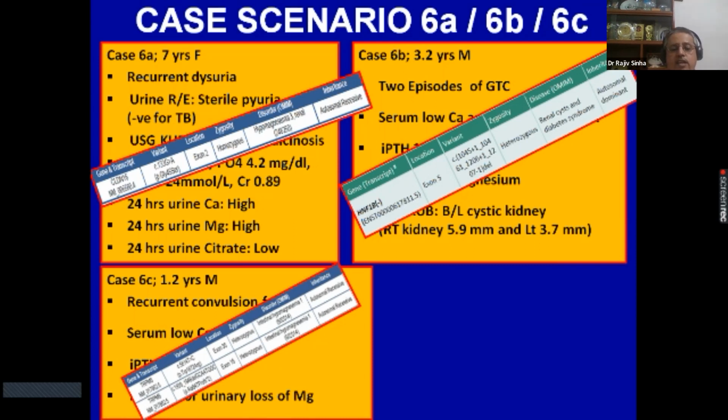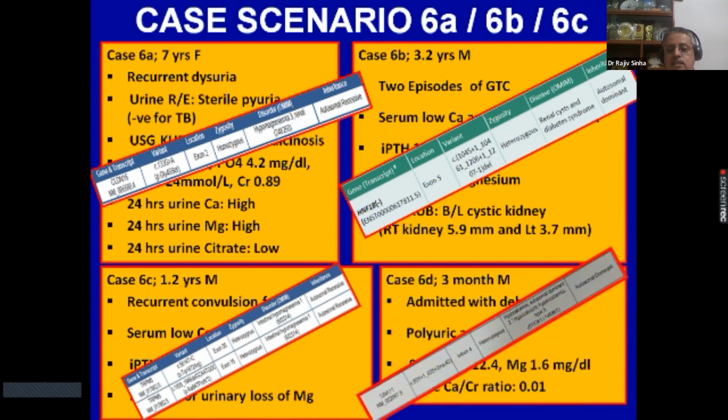TRPM6 is a sort of gatekeeper of magnesium in the intestine. Because this was mutated, the child was unable to absorb magnesium from the intestine, and because the magnesium in the body was low, that resulted in low PTH and low calcium. And the last child was found to have the hypocalciuric hypercalcemic variety because of a mutation.